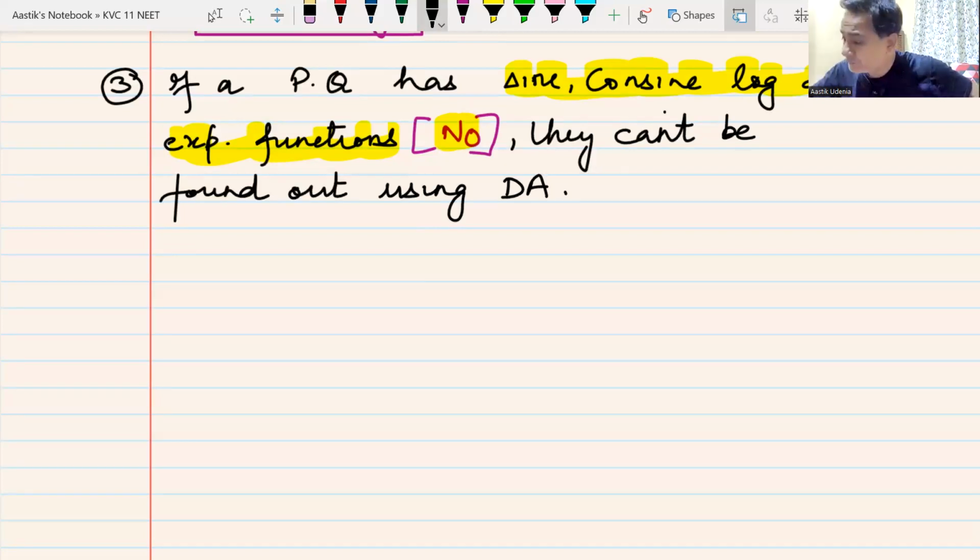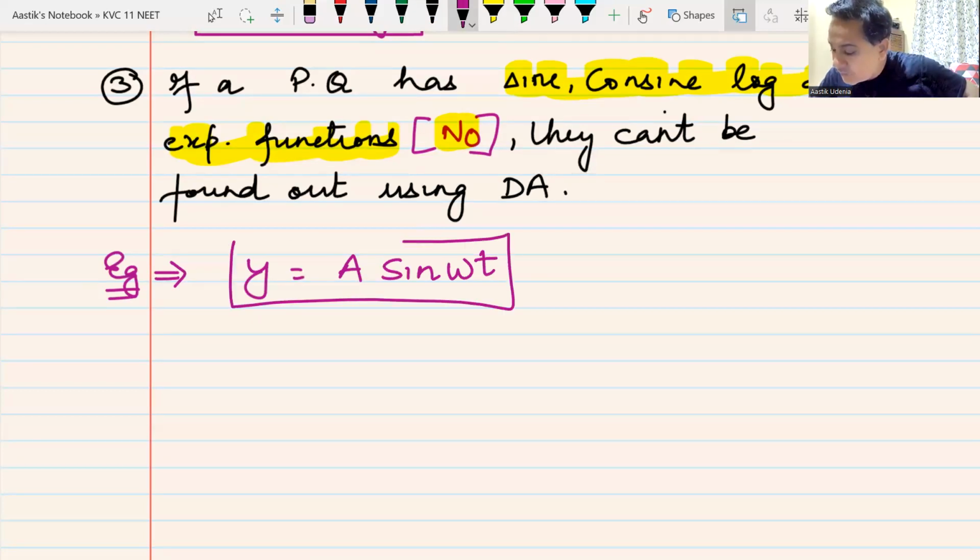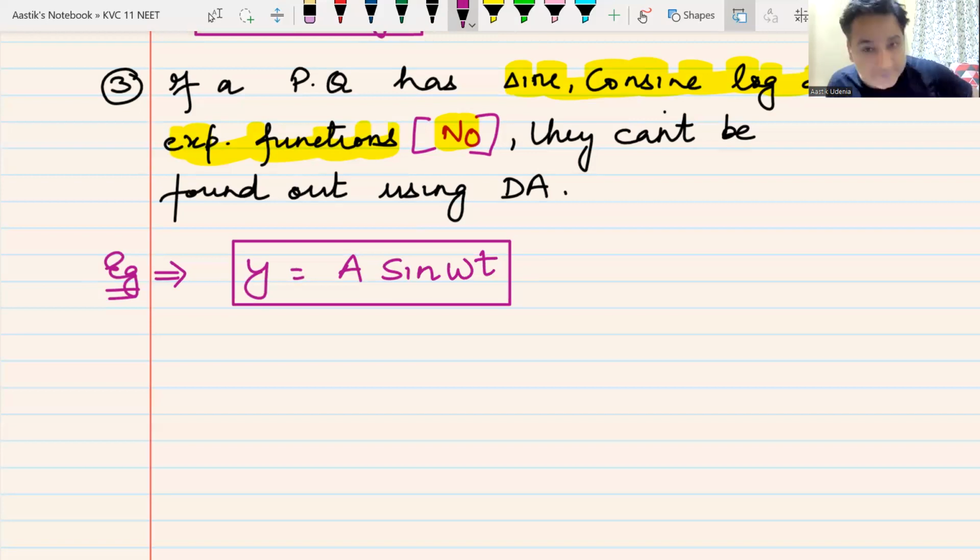For example, y is equal to a sine omega t. Now, this is the equation of a simple harmonic motion, my dear friend. Simple harmonic motion will come, it's the 9th or 10th or 11th chapter, depending on how we are counting the chapters. Y is equal to a sine omega t.